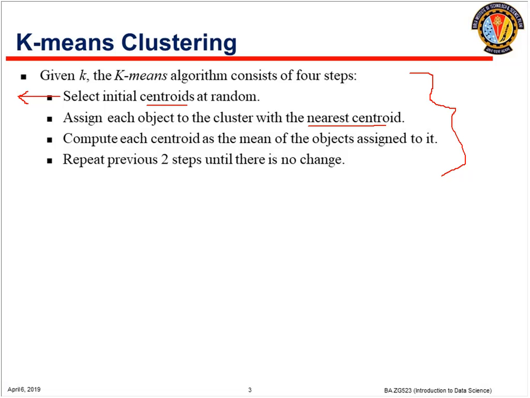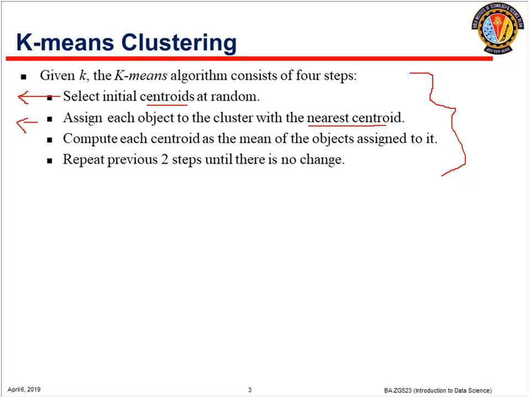The next step is to assign each of the objects to one of those centroids depending upon which is nearest. So each example will go to the nearest centroid. You look at the distance of each example from each of the k centroids, and then assign it to the centroid which is nearest to it. That is the second step.